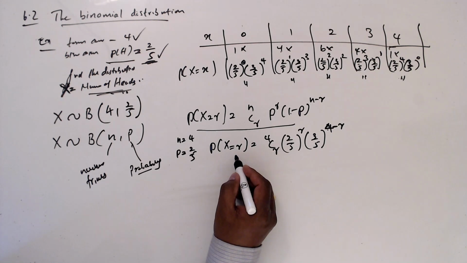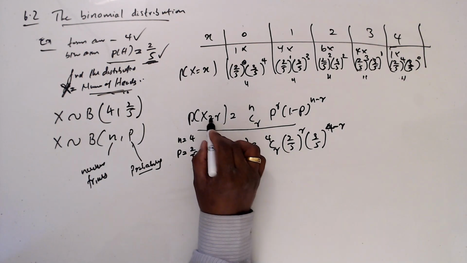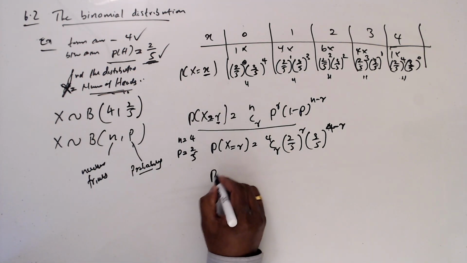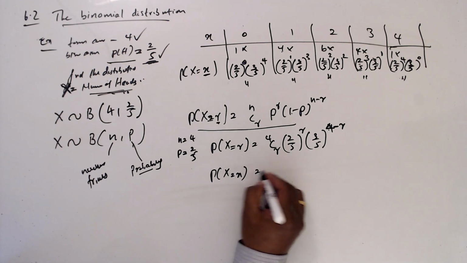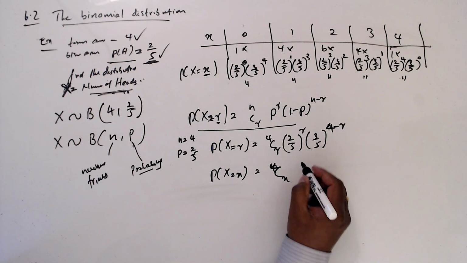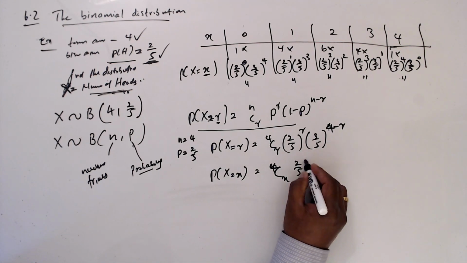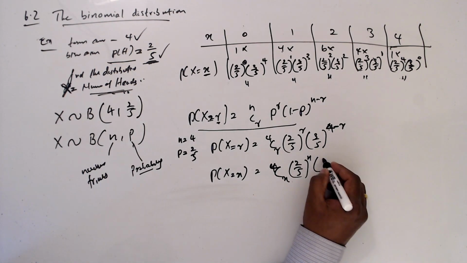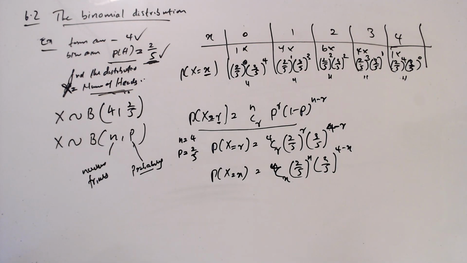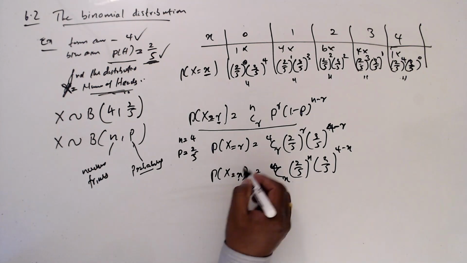Now in here you can see we use X equals r, but if you want to use X equals x, it's still possible. P(X equals x) is 4Cx (2/5)^x (3/5)^(4 minus x). It doesn't matter whether r or x when it comes to here.